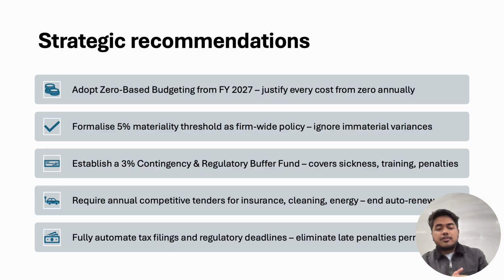Finally, fully automating tax filing and regulatory deadlines eliminates a 100% preventable class of negative variance, late penalties, while simultaneously freeing up the finance team to focus on strategic analysis rather than manual compliance. Collectively, these actions transition the business from a reactive state to a proactive, disciplined organization, successfully mitigating future financial risks and promoting sustained growth.